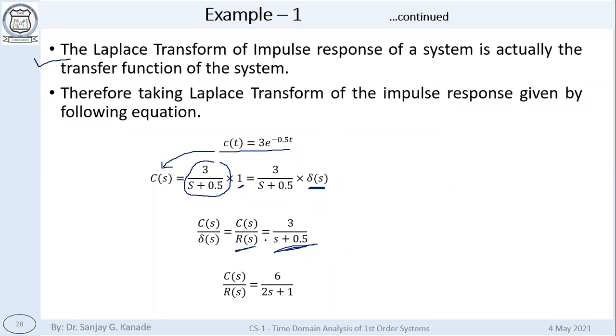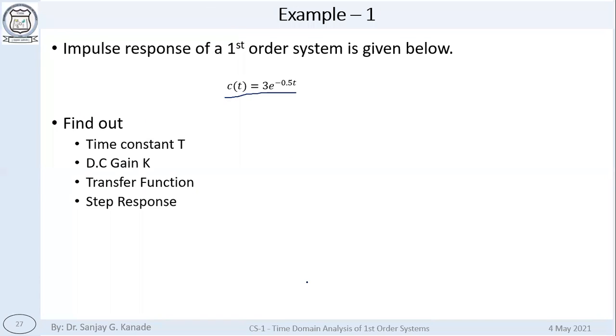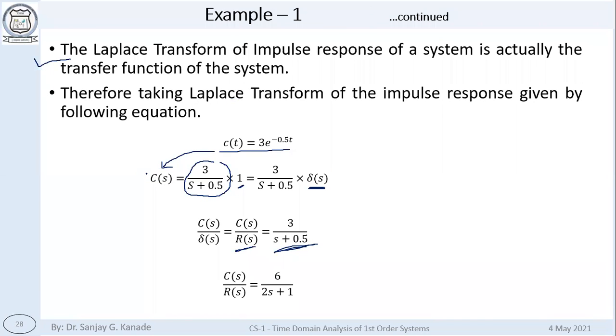And here, dividing by 0.5 means multiplying by 2. So we get here 6 upon 2s plus 1. So now we have the equation in the time constant form, right? From this equation, what is the requirement? We have to tell the time constant T and DC gain k. So can you tell me what is the DC gain and time constant? Anyone?